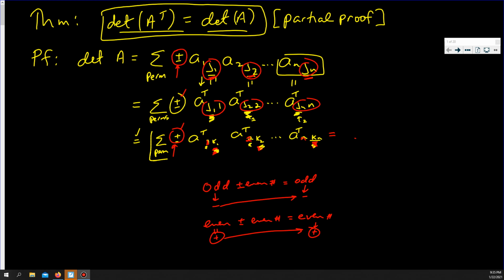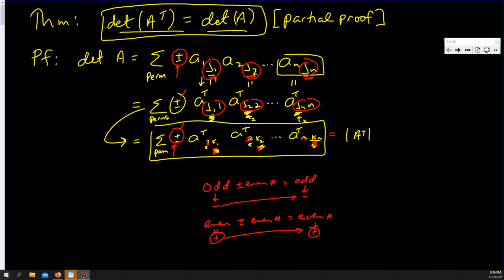But by definition, this here is equal to the determinant of A transpose. So once again, let me get rid of that question mark, that check mark. When I come from here to here, yes, no question about it, the summation of this is equal to the summation of that. So the equal sign so far is valid.